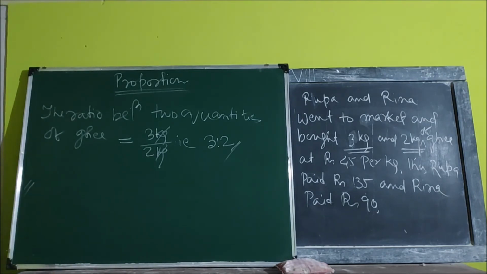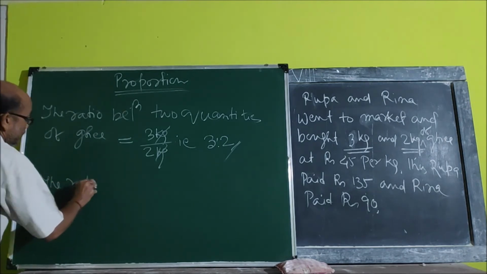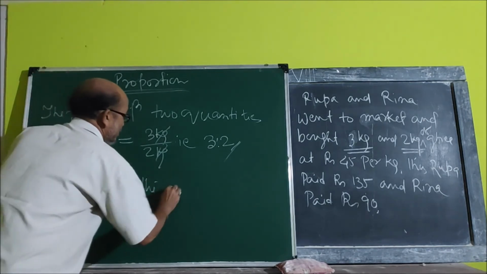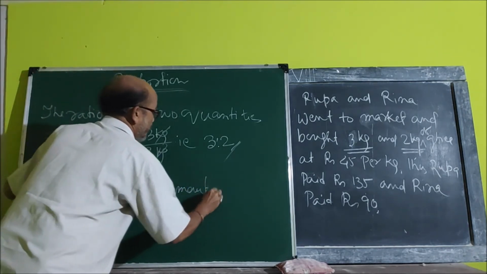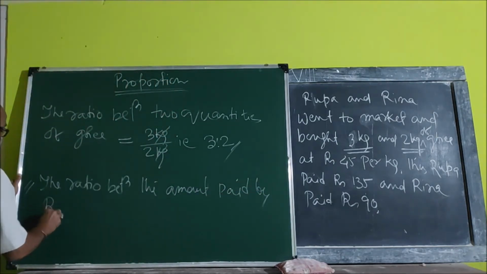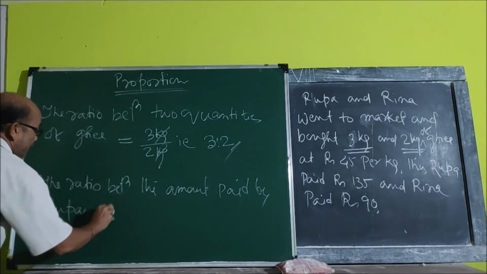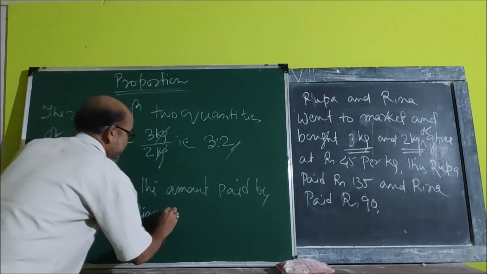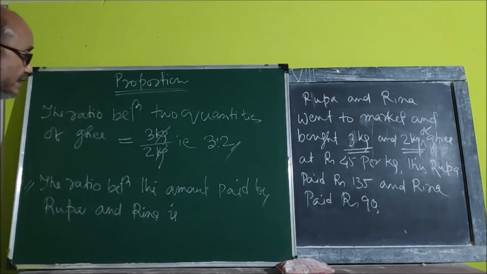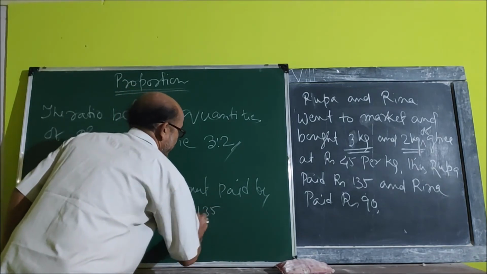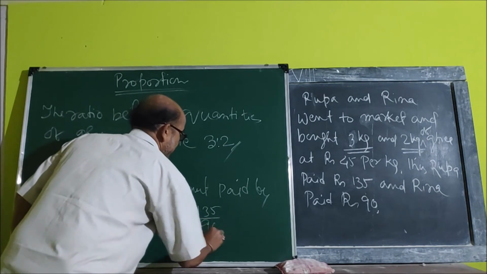And now again, the ratio between the amount paid by Rupa and Rina is 135 by 90.